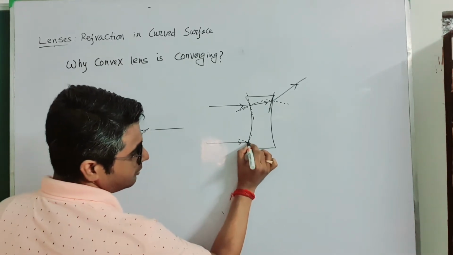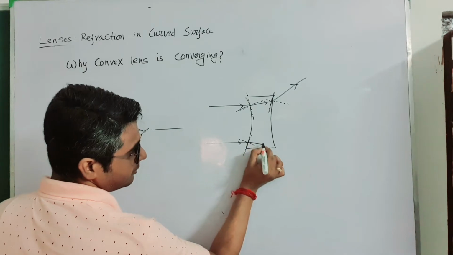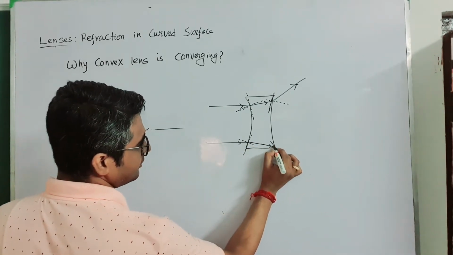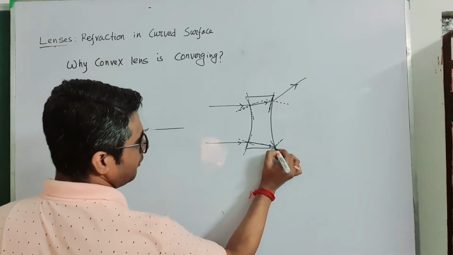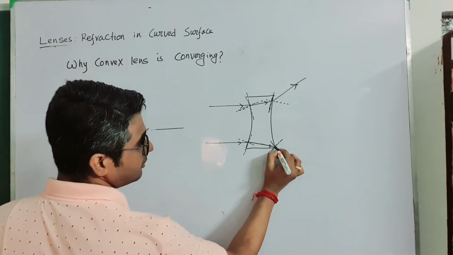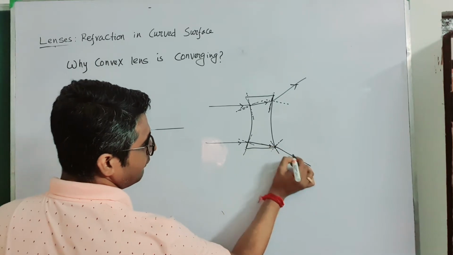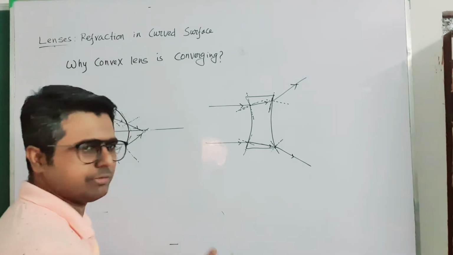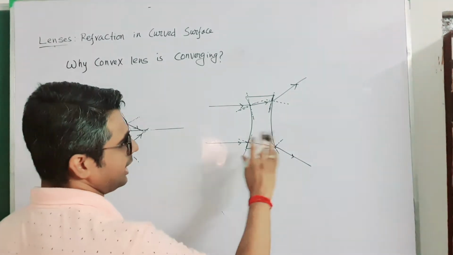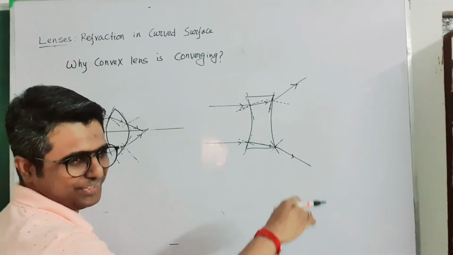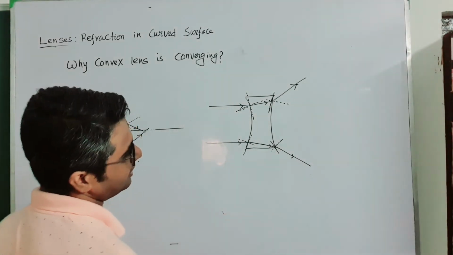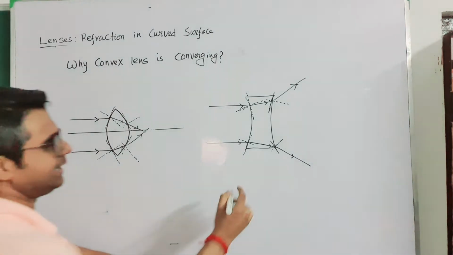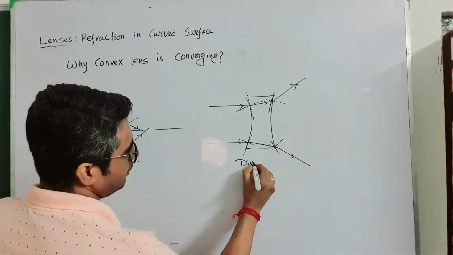It will go towards the normal, bending towards the normal. Here is my tangent. Here is my normal. It will go away from the normal. So rays which were parallel to each other are never going to meet. This time the chances of meeting are absolute zero. So it is going away, totally away. Okay? So this is how you will show diverging action of concave lens.